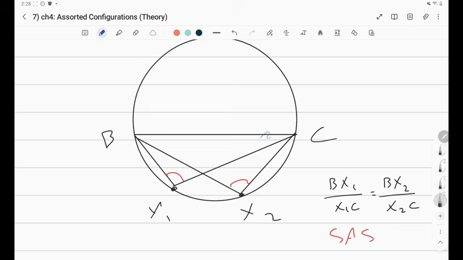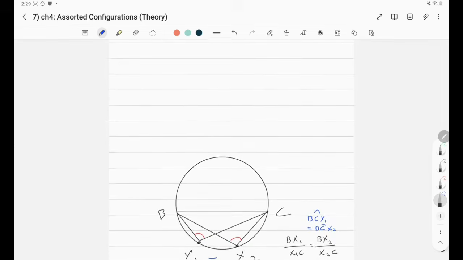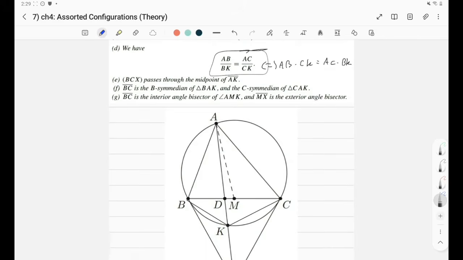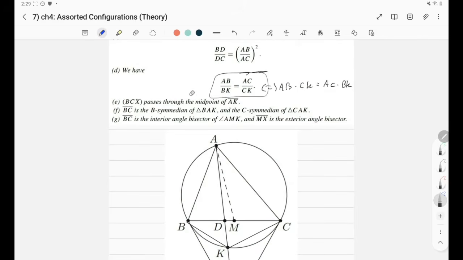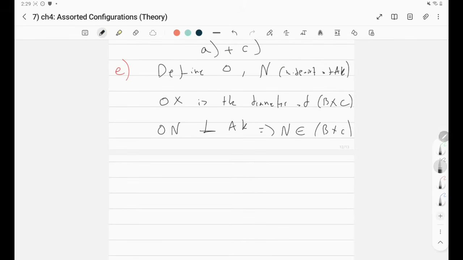That means this angle BCX1 is equal to BCX2, which is a contradiction, unless they are the same point. So yeah, that's just for you to make sure that yes, we don't have many points that satisfy this, only one, only unique. So that means right now we can just say reference D, property D, and that's enough to prove F. So that's from D.